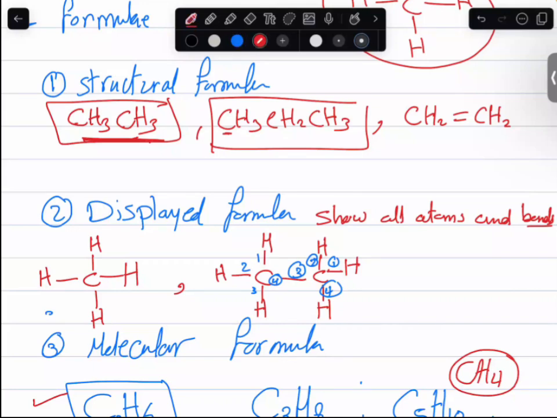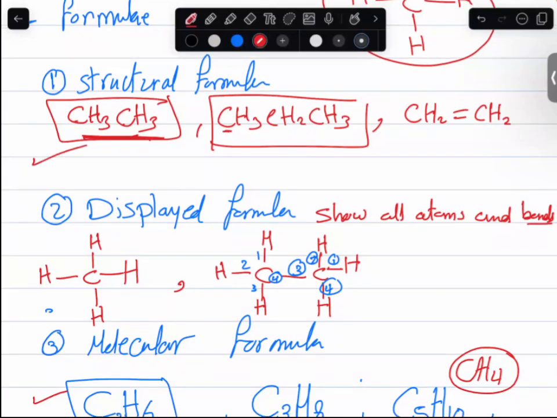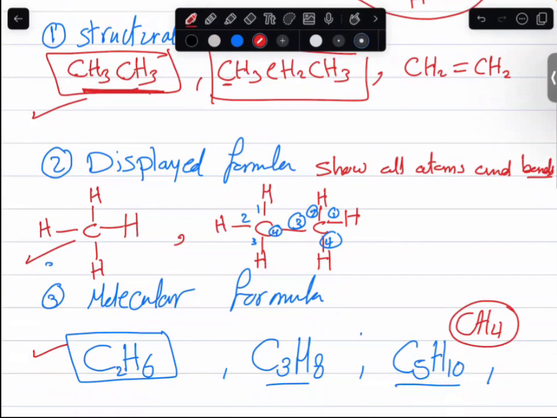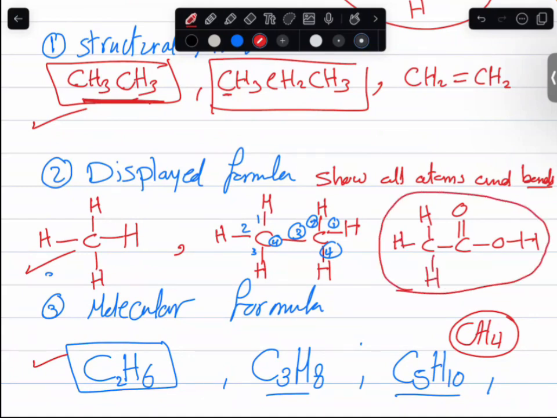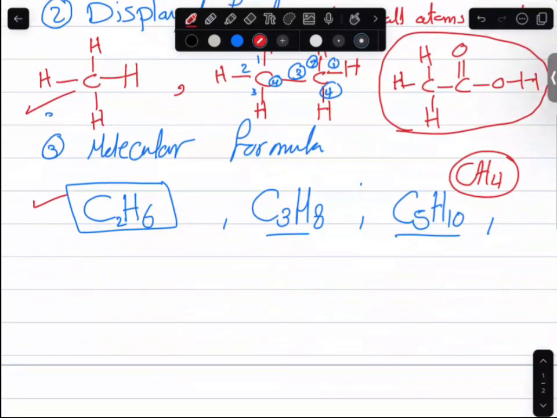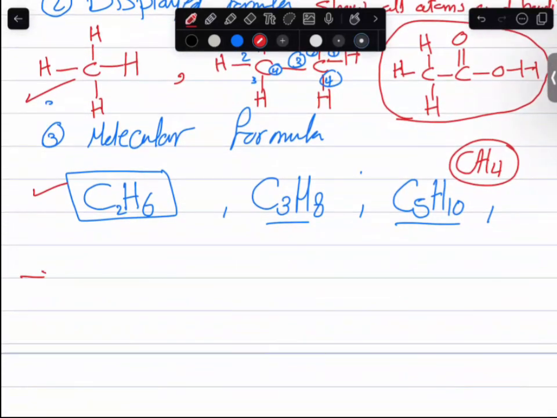I need you to notice the difference between the structural formula, the displayed formula, and the molecular formula. If the formula shows every single bond in the compound, this is a displayed formula. These are the differences between the different types of formulas in organic compounds.